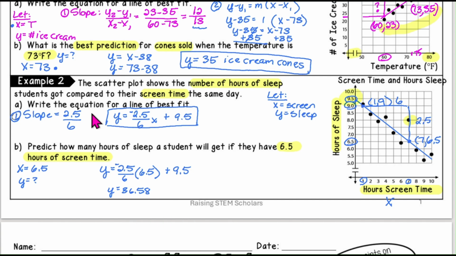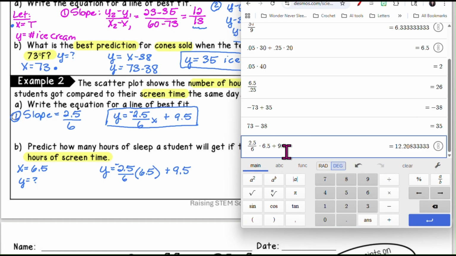Okay, so let me erase. Okay, do over. Let's go grab that calculator and let's go put the negative. Okay, now we got 6.79.